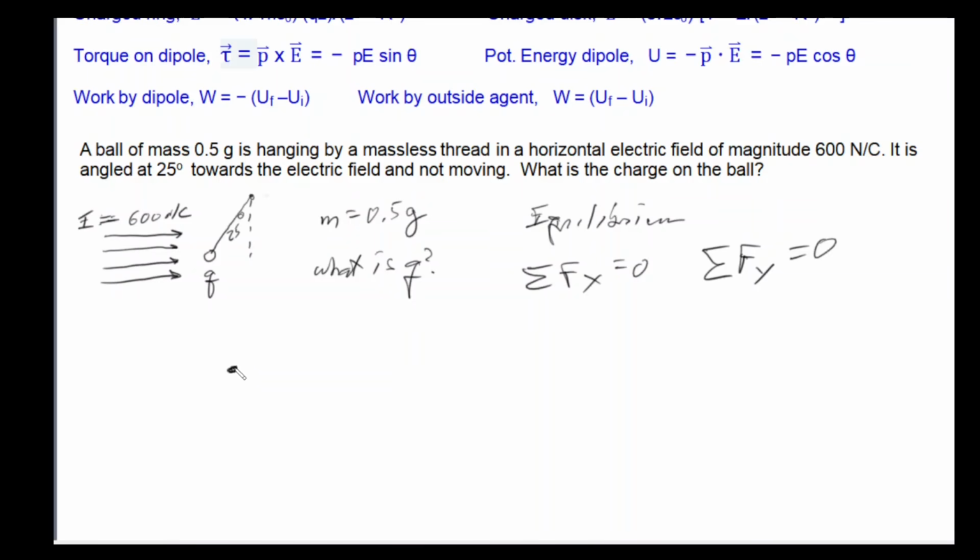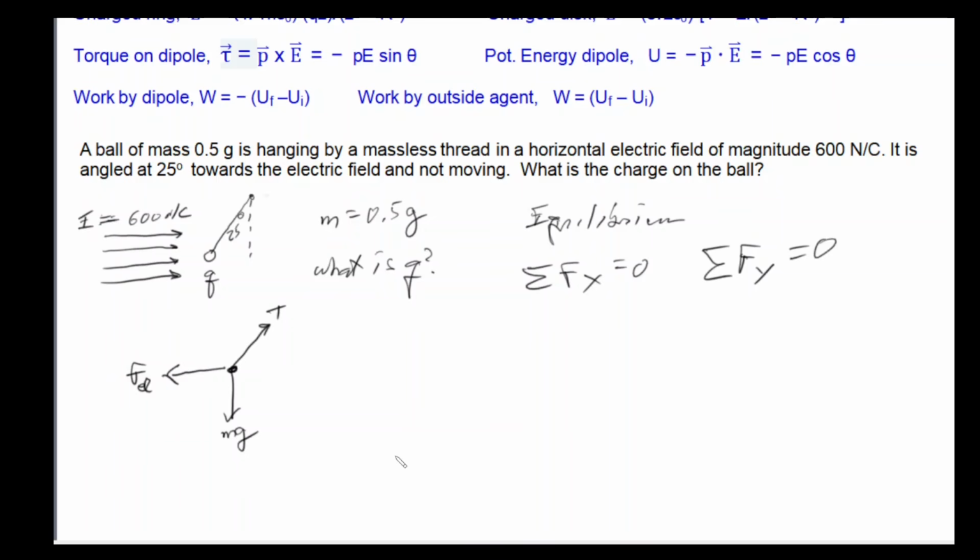So here's your ball, and you have your tension pulling on the string. You have the weight, mg, pulling down, and you have the electrostatic force due to the charge on the ball in the electric field.